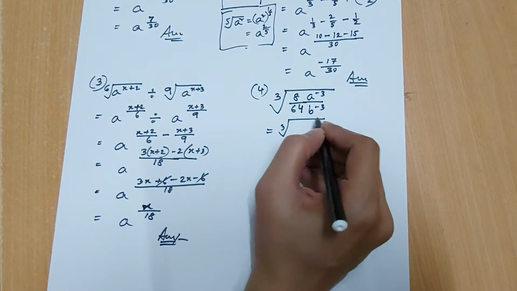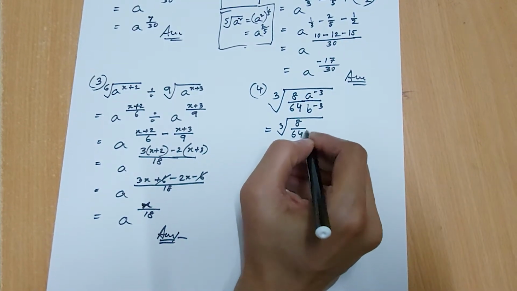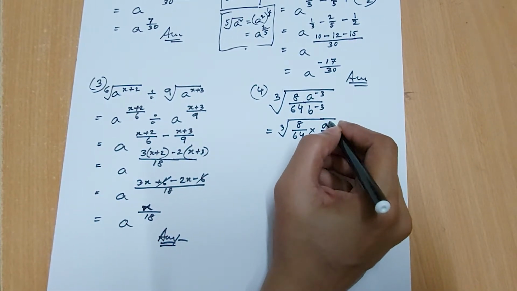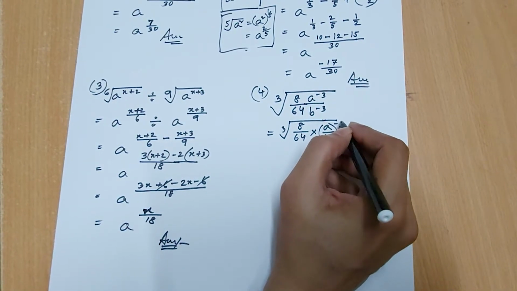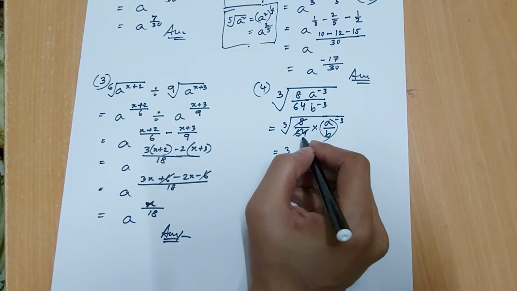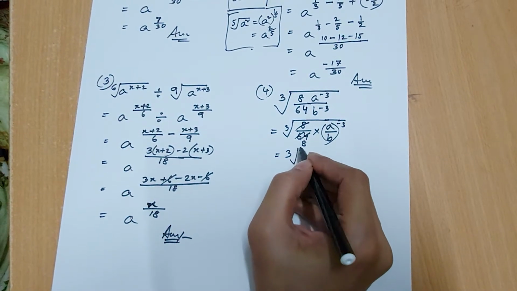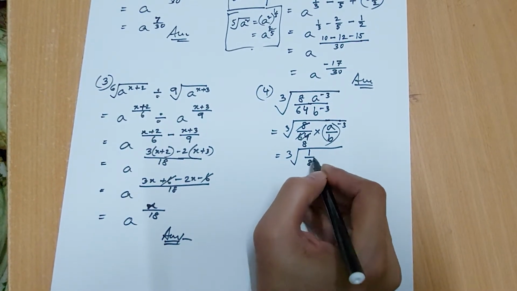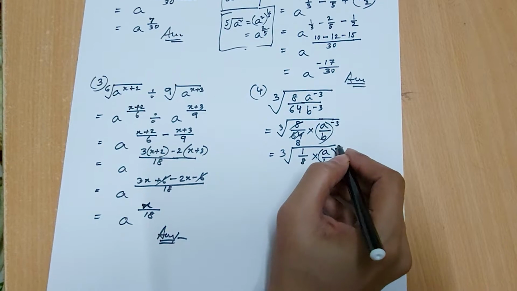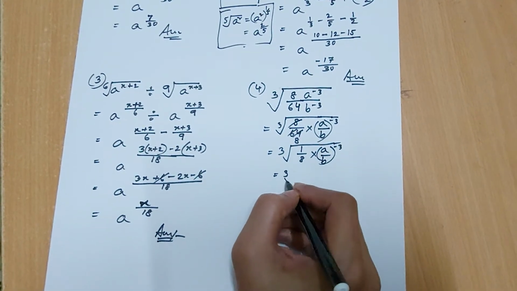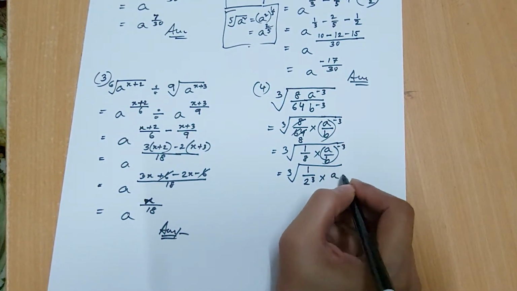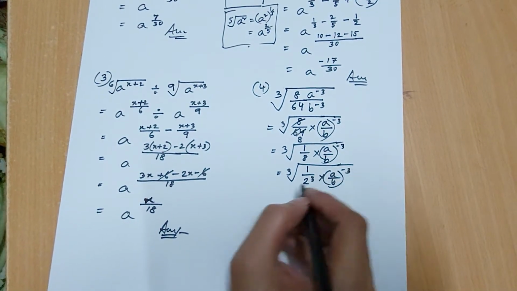So cube root of 8 by 64 into a by b whole power negative 3, and then 8 into 8 is 64. So I get 1 by 8 into a by b negative 3. So it is cube root of, again 8 equal to 2 cube, into a by b whole power negative 3.